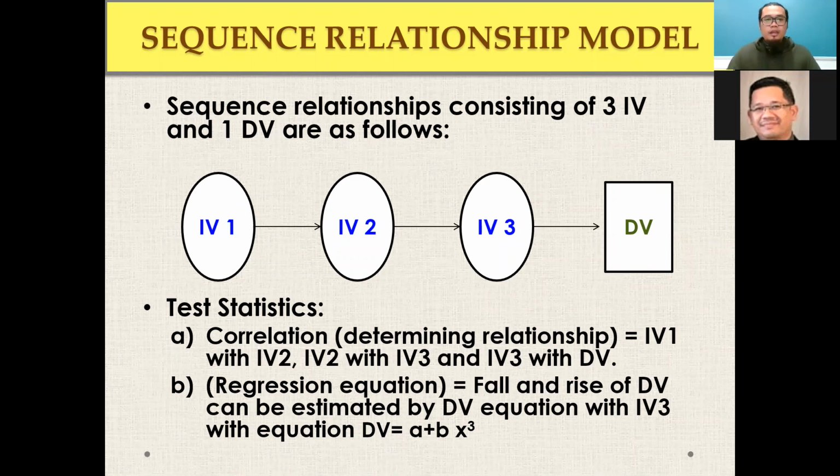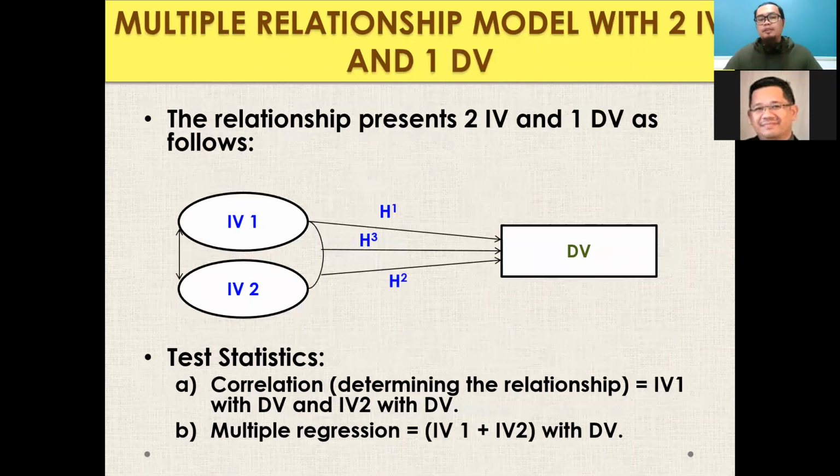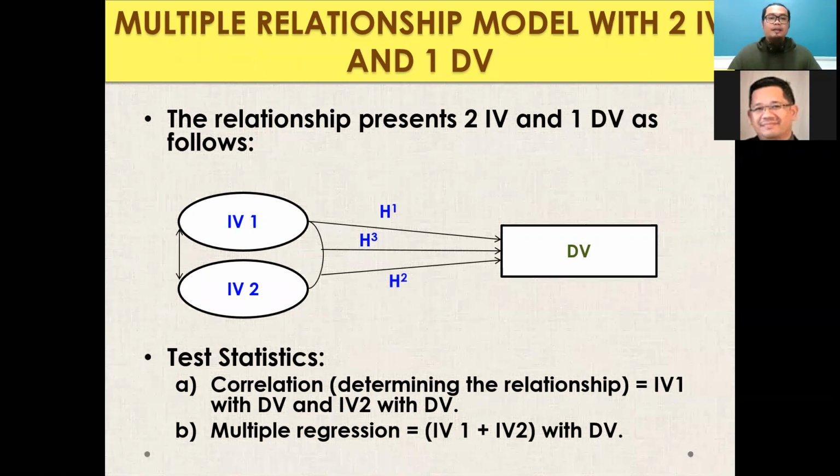Okay. We go through the multiple relationships. Here, we can see from the figure, 2 IV and 1 DV. The relationship presents 2 independent variables and 1 dependent variable as follows. We can see the correlation between the independent variables, IV1 and IV2. Also, there is a direct relationship from IV1 to the DV and IV2 to the DV. Also, we can combine IV1 and IV2 to integrate their direct effect towards the DV.